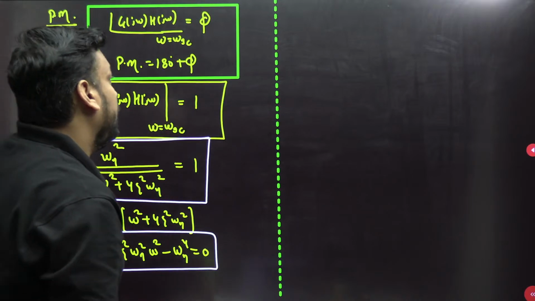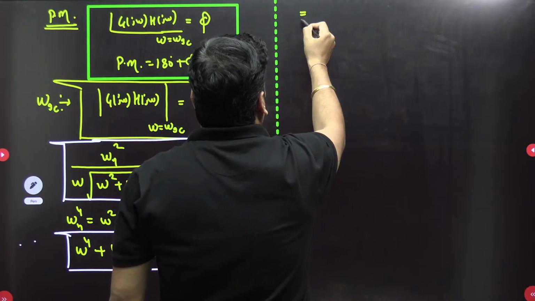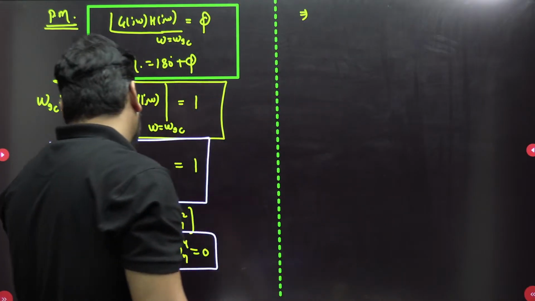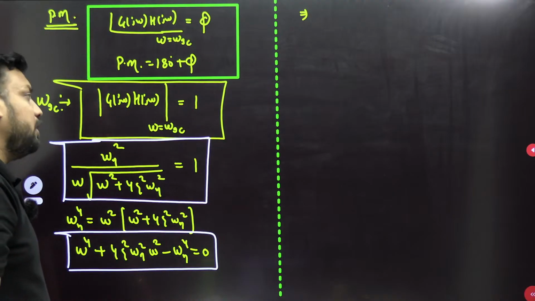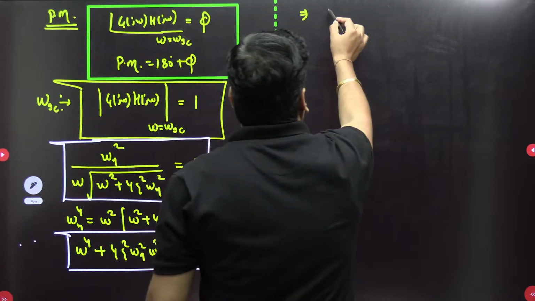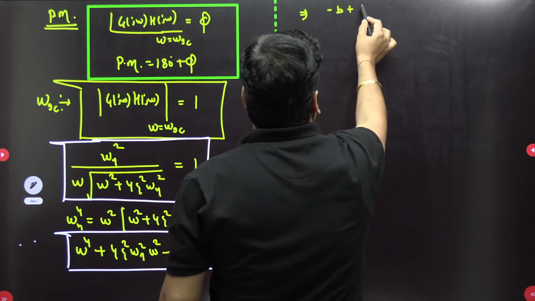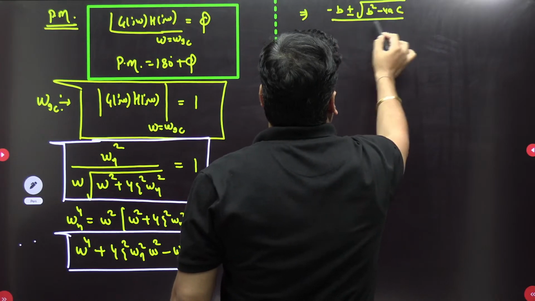Now here I am applying the simple formula, minus b plus or minus the square root of b square minus 4ac, upon twice a.